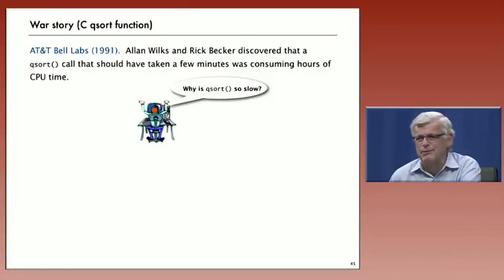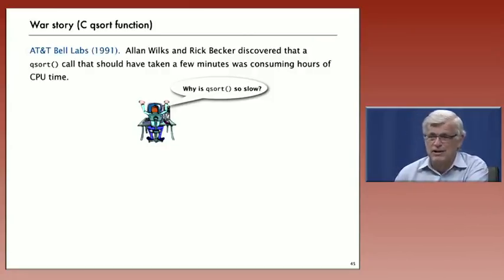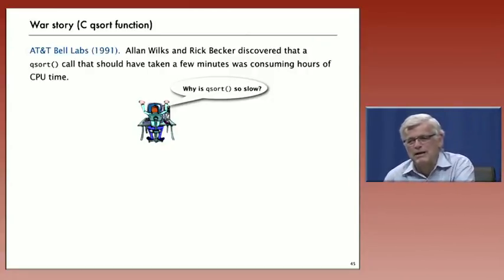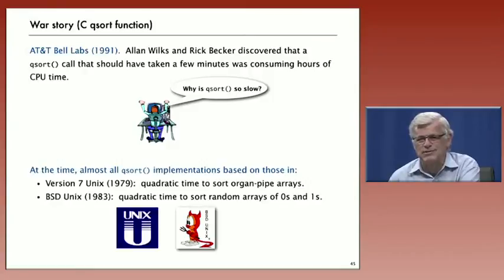And in 1991, there were some scientists at Bell Labs that were using qsort for a scientific problem, and they were used to it taking just a few minutes, and then they realized that it was taking hours of CPU time. And the fact was that all the qsort implementations at that time in Unix had this flaw.